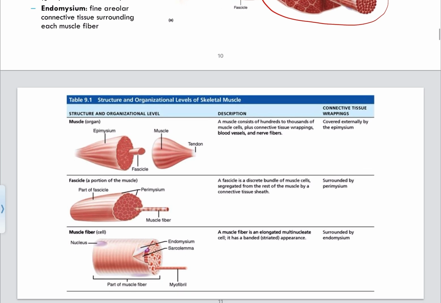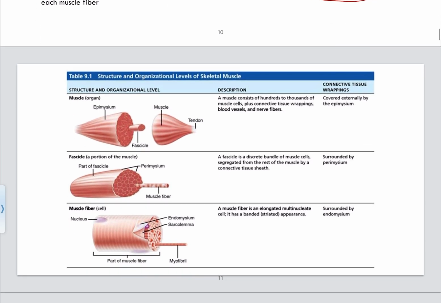So let's go a little bit further into the structural and organization levels of skeletal muscle. We talked about the epimysium surrounding the entire muscle itself. So say we're talking about our bicep or something like that, the epimysium would wrap around that entire muscle.